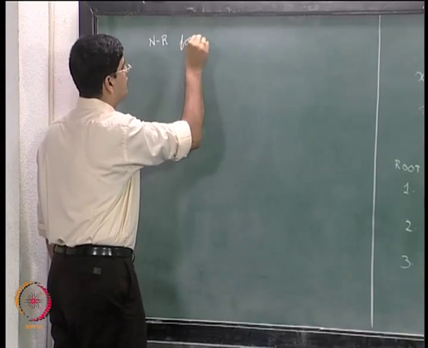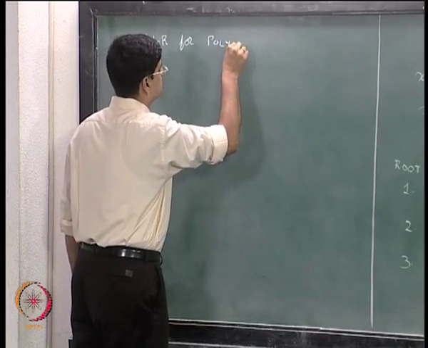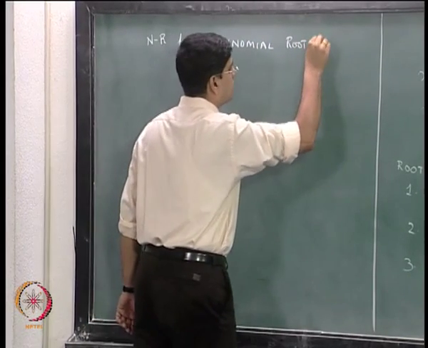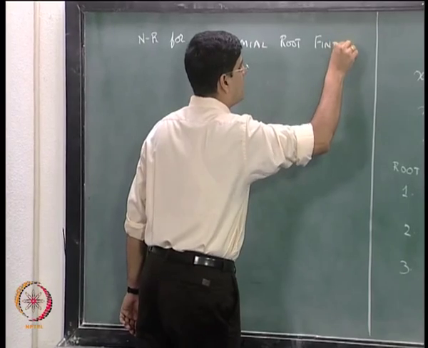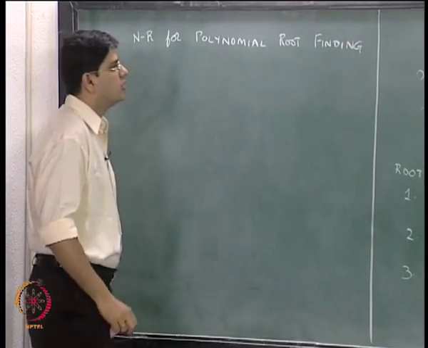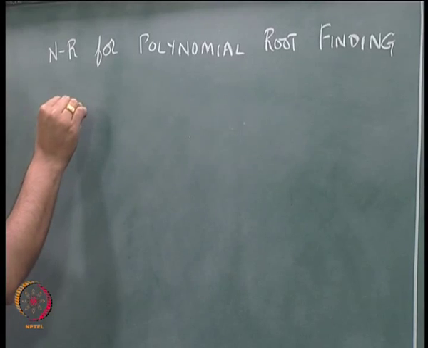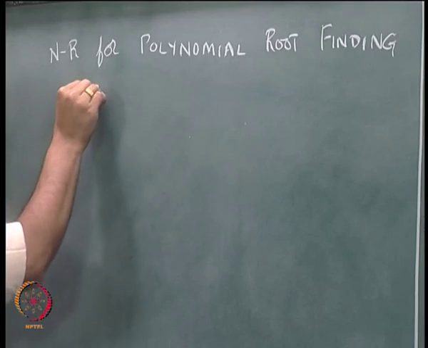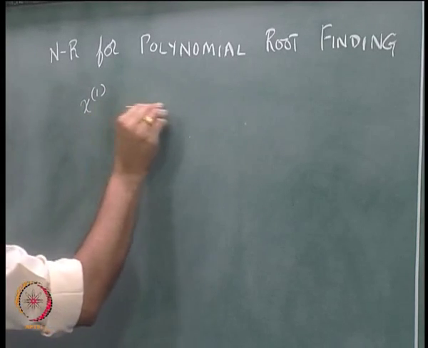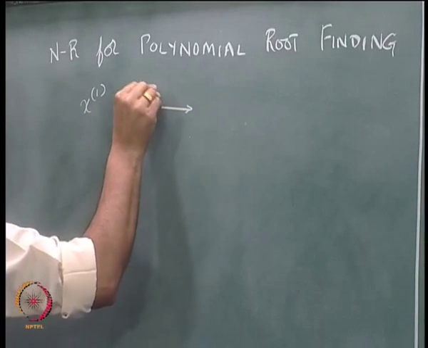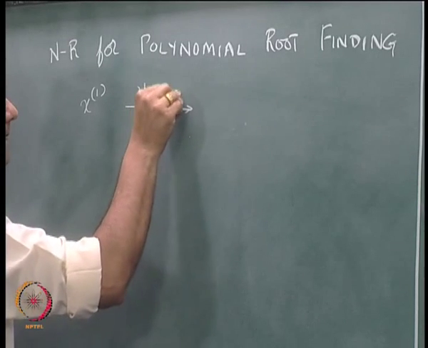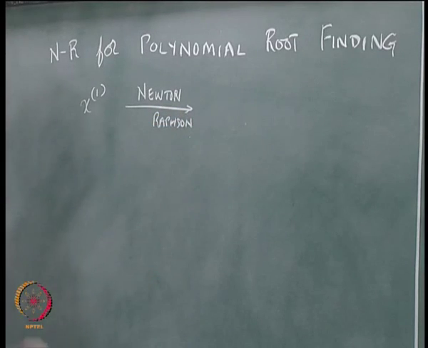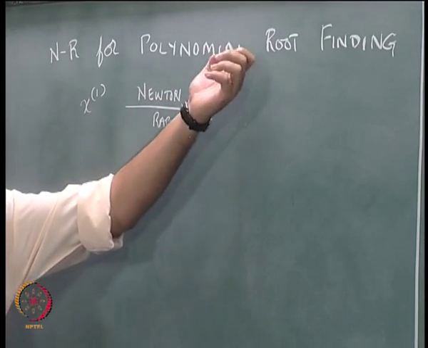So we will start with Newton-Raphson for polynomial root finding. What we will do is start off with a certain initial guess x1 and use the Newton-Raphson method to get the actual root.